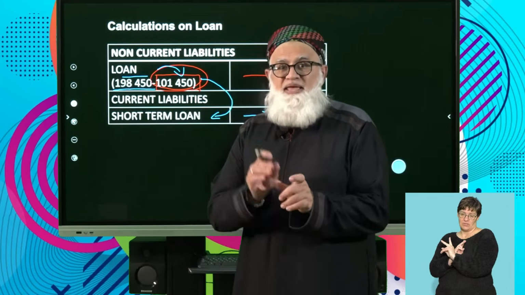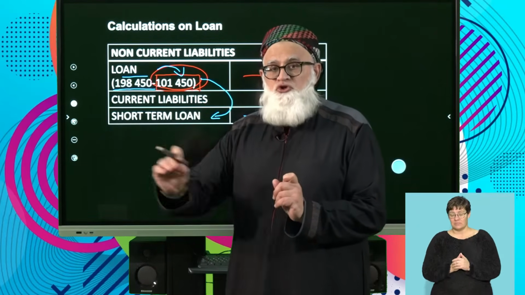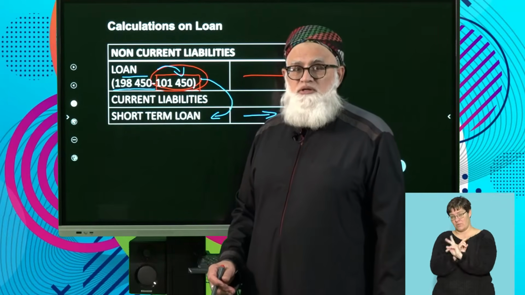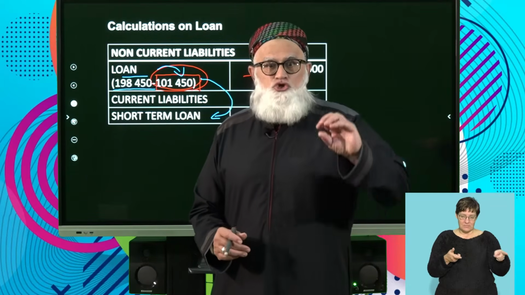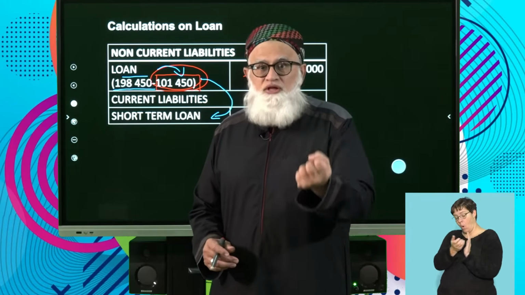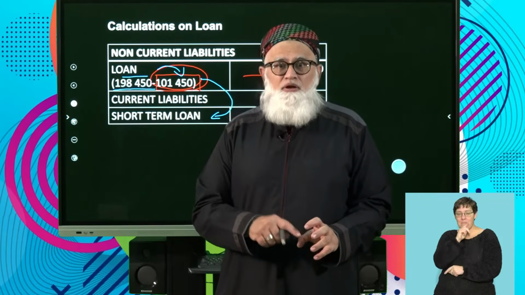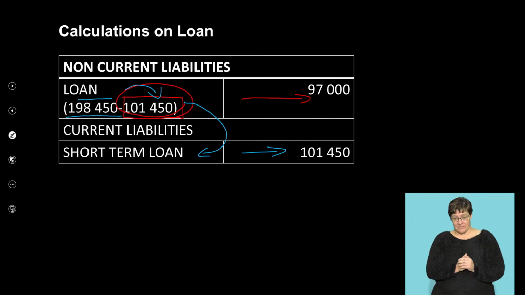That means payable within 12 months. That's your current portion of your loan, also known as the short-term loan. Clear, guys? So whenever you're dealing with a loan, remember the separation. Separate your non-current liability from it. Remove the short-term loan, that portion of the loan that's repayable within 12 months.